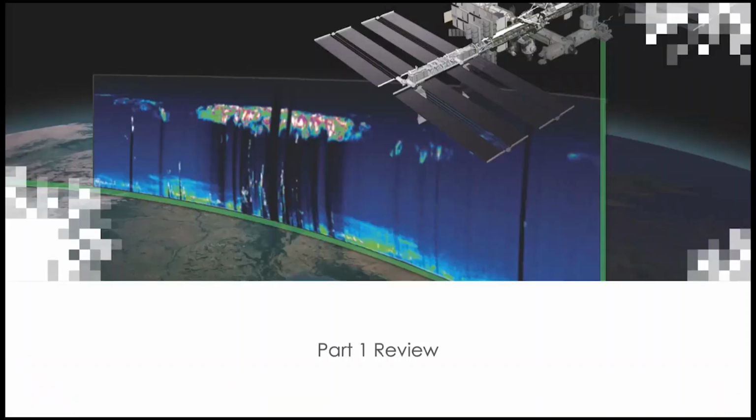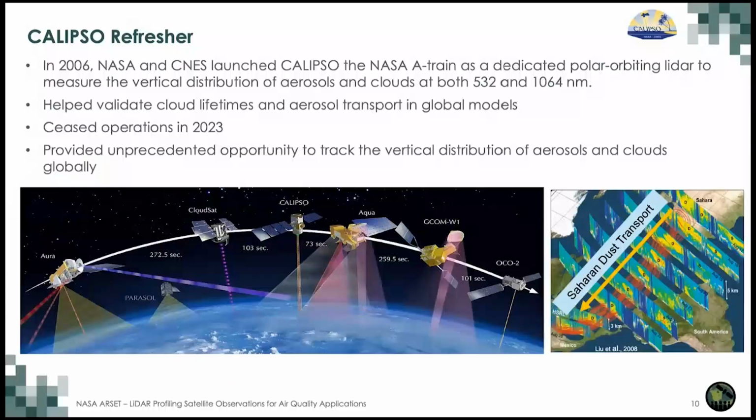Okay, so first let's do a quick review of part 1 as it pertains to part 2. As I mentioned, we're going to be talking about Calypso. Calypso was launched in 2006 as part of the NASA A-Train, and it operated in space until 2023. Calypso operated at both 532 and 1064 nanometers, and it established a long record of spaceborne LiDAR from NASA for data users to use.